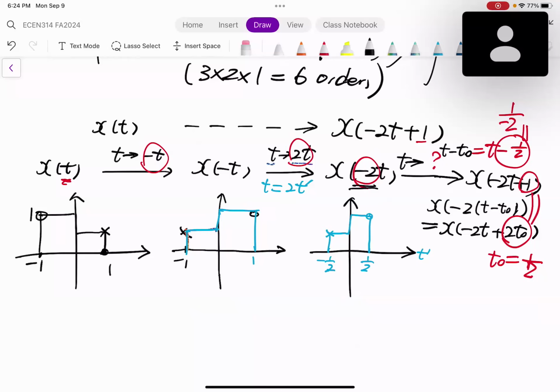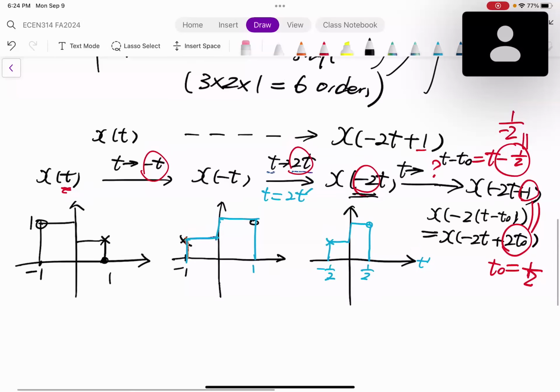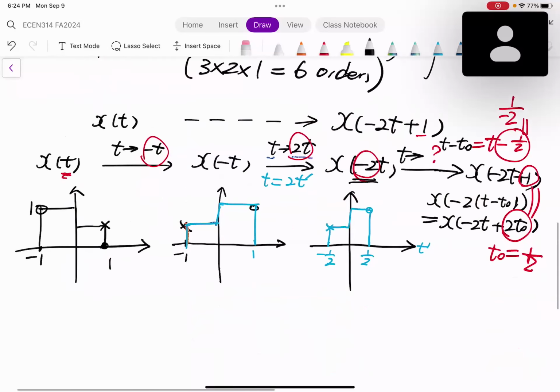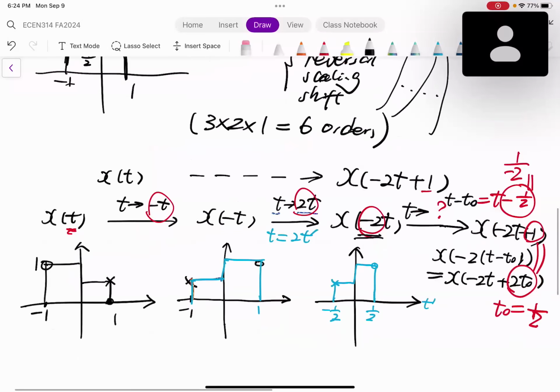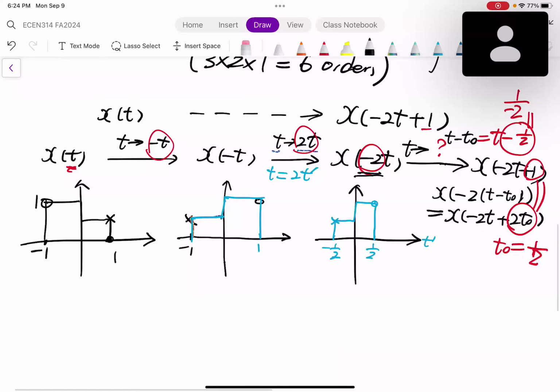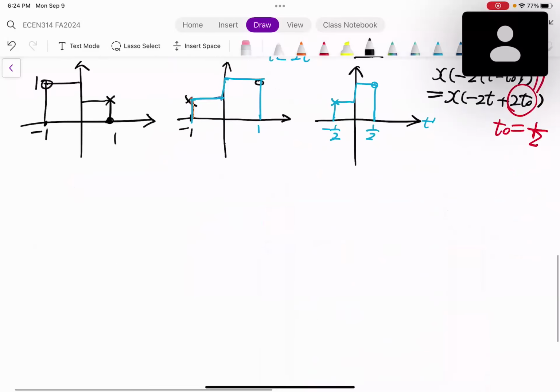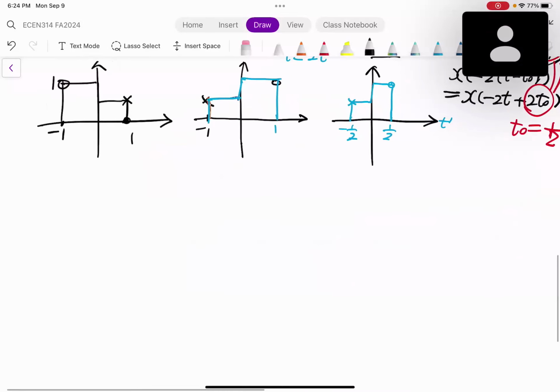If you don't know, just assume it is t naught, and then you can easily derive this t naught. That's the TBA approach in the slides. Okay, so that's the difference. If you shift the time first, that t naught is going to be -1. Okay, so now let's come to the second example.